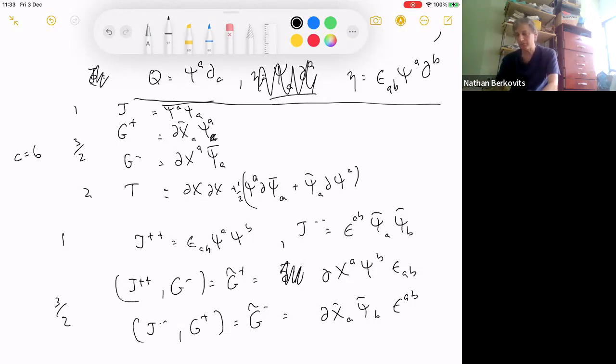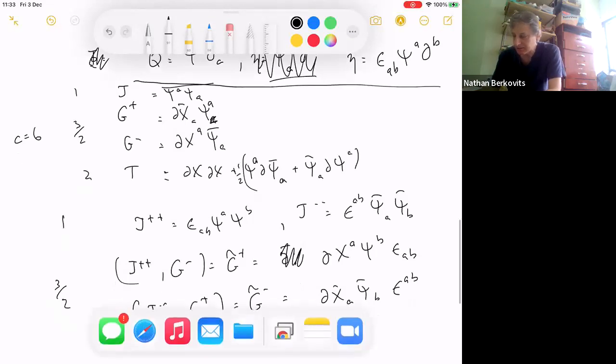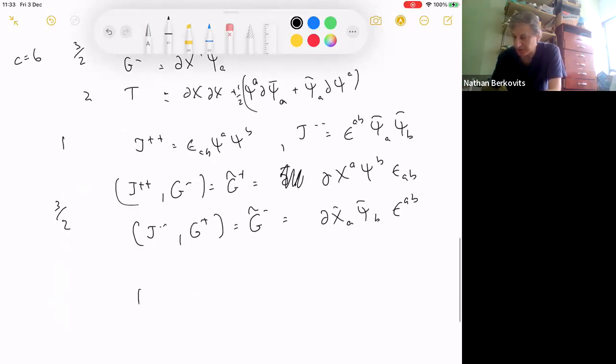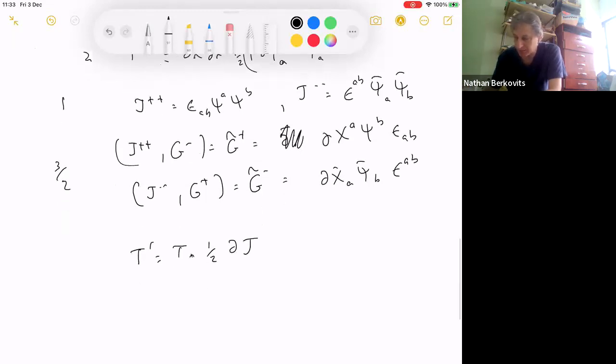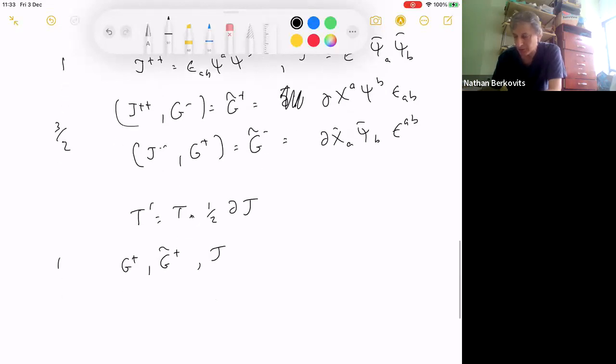But now what you can do is you can twist. Any N equals 2 theory you can twist by just redefining T prime to be equal to T plus 1/2 dJ. And then what you find is that the operators G plus, G tilde plus, and J all have conformal weight 1.